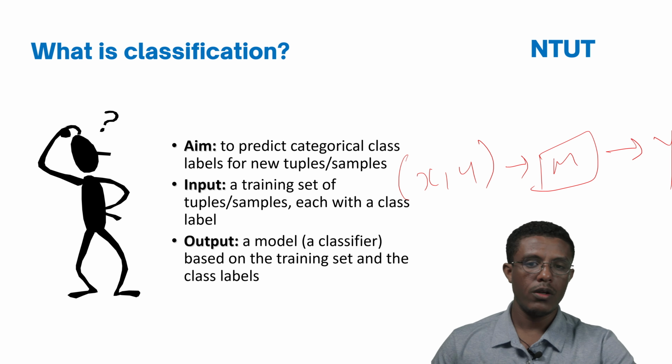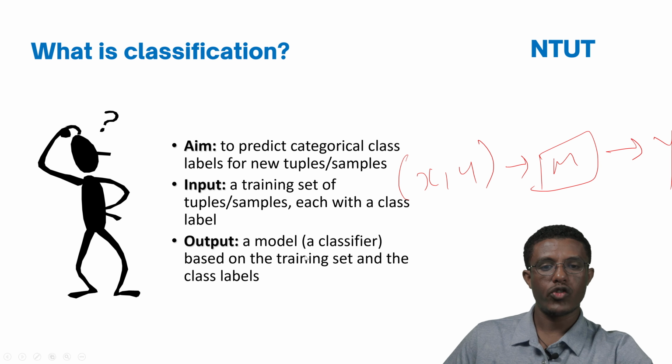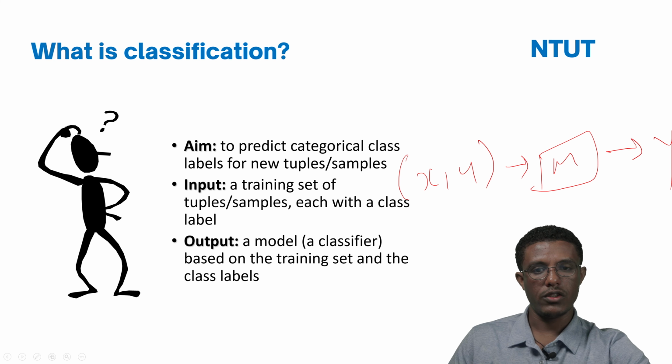So that is called the model or classifier based on the training set and the class label. Finally, when we give a new x value, the model tries to predict the output value. That is what is called a classifier.